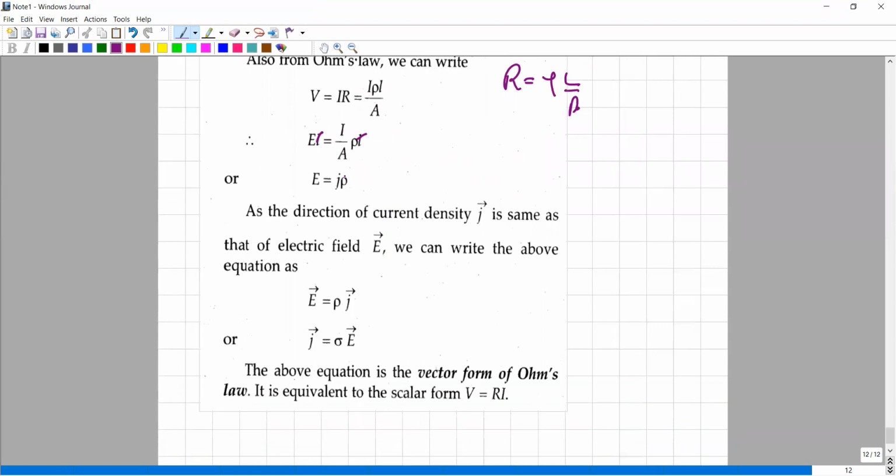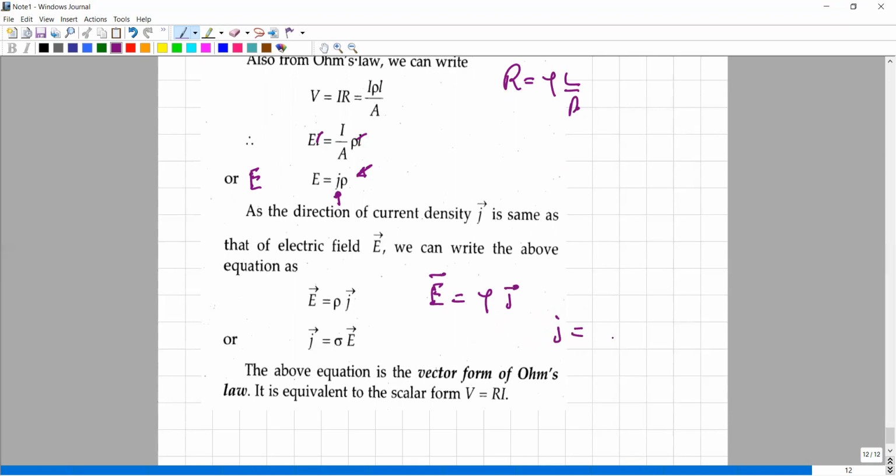What is E? E is the electric field. What is J? Current density. What is rho? Resistivity. So electric field is equal to resistivity times current density, and these two, electric field and current density, are vectors.